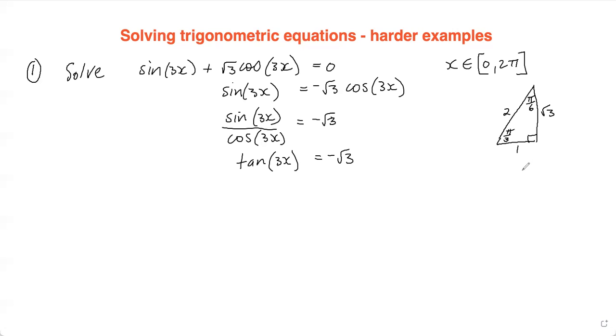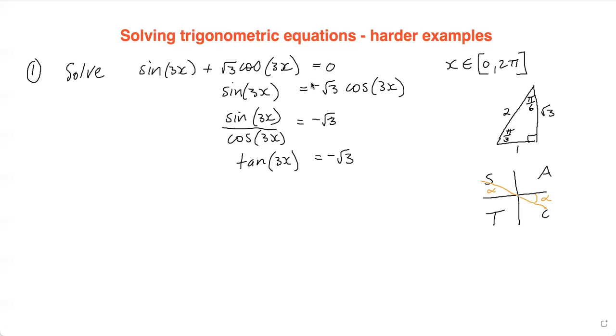And we've also got to think about the CAST rule. Here I can see that tan is negative. That's telling me that my solution must lie in the second quadrant or the fourth quadrant. So what I want to find is my related angle that I'll call alpha.